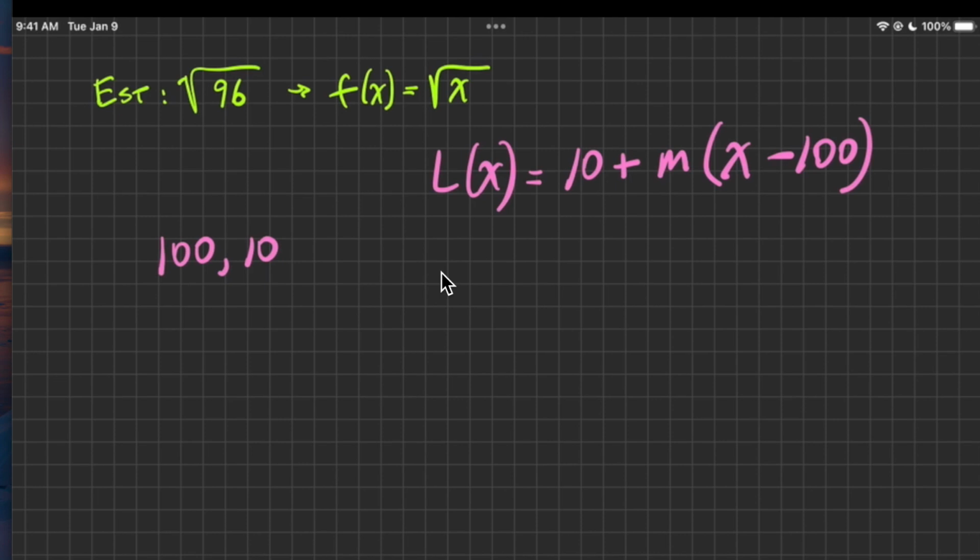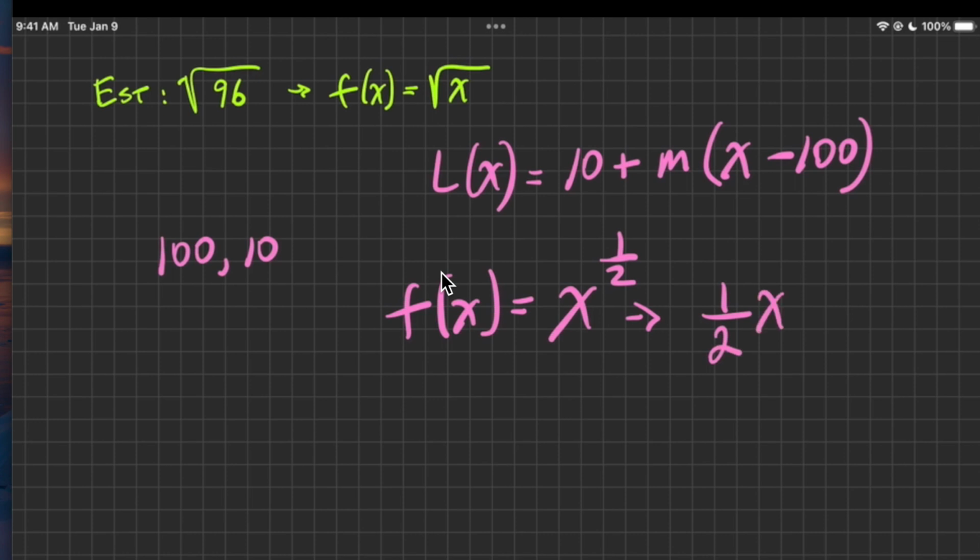The f of x equals square root of x is easier to take the derivative if we change that to a fractional exponent. That becomes 1/2 x to the 1/2 minus 2/2, or negative 1/2. Reviewing how to simplify this, we have x to the negative 1/2 in the numerator, 1 in the denominator.